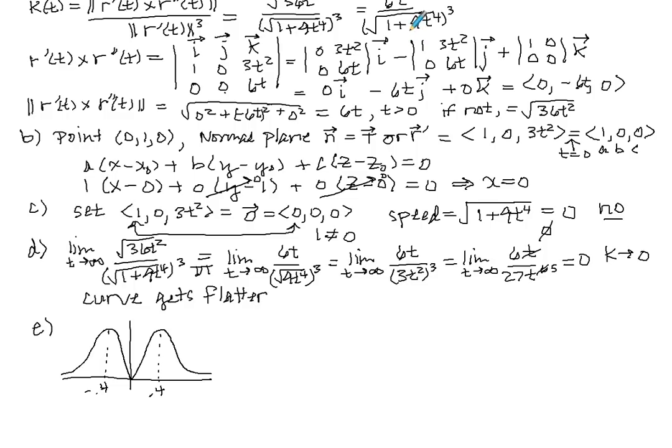And those are really the critical numbers of this function. So if you found kappa prime of t and set it equal to 0, that would be at t equals 0, and you also get them at plus and minus 0.4.